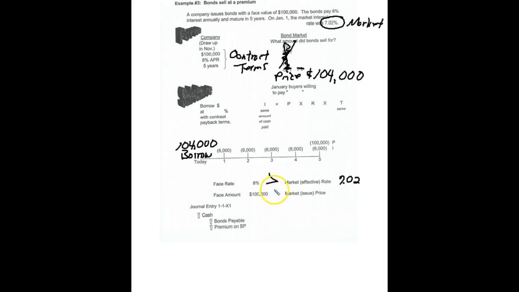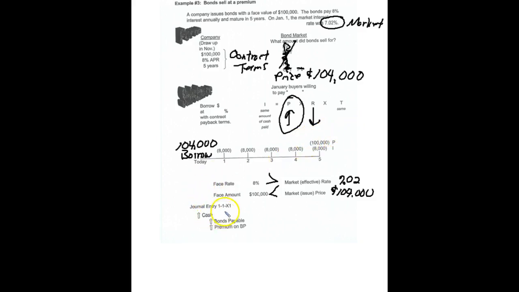The face amount then is going to be the opposite. So here's our formula for interest. Time stays the same, so it's not a variable. But rates went down, so prices adjust by going up to keep that in equilibrium.